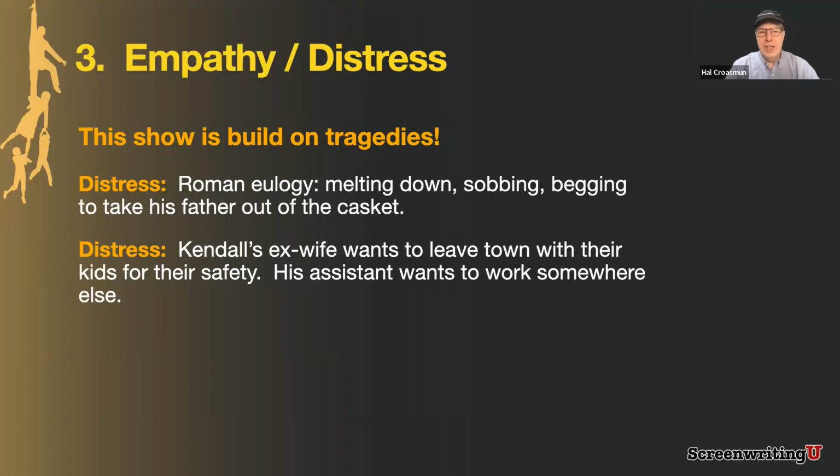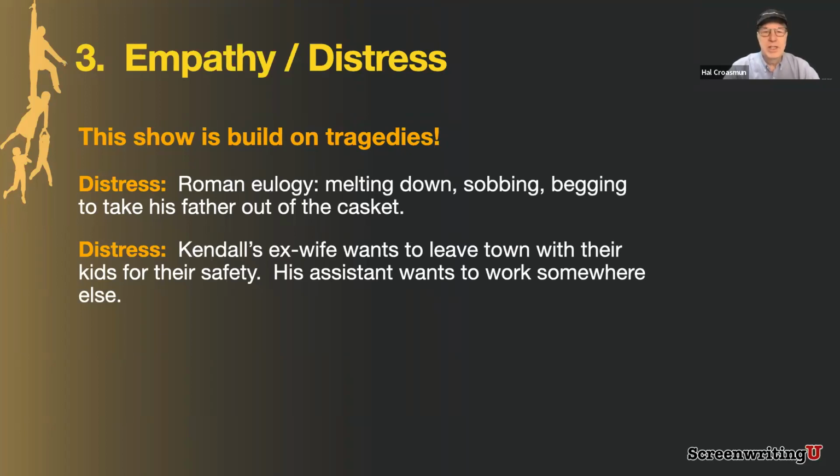The other thing, he's walking to the funeral, and his assistant lets him know at that point that she wants to work somewhere else. Now, she's not doing something bad to him. She actually put it in his calendar for next week, but he asked her what the meeting is that they're going to do next week, and that's when he finds out. He basically demands that she tell him.